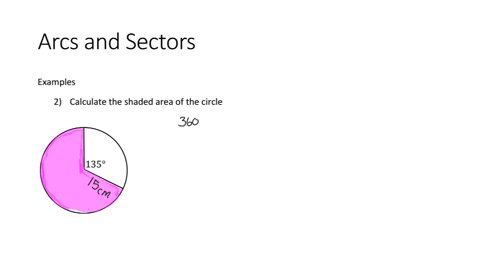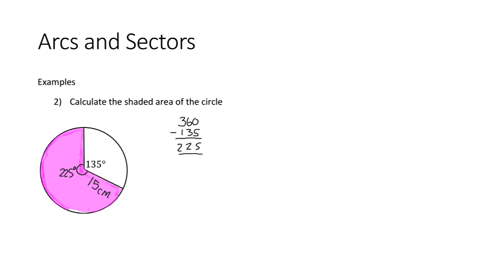So before I do anything else, I need to do a quick calculation to work out what that missing angle is. So over here, our angle that we're going to use to work out this calculation is going to be 225 degrees.